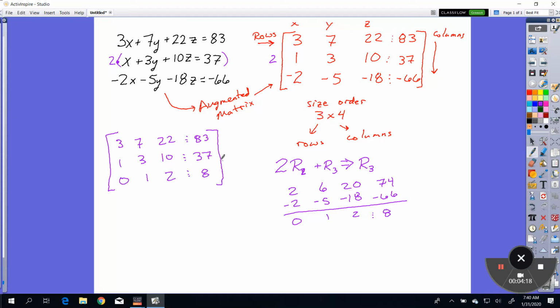Really, a matrix is a way to organize your work. It keeps track of all your answers. You have to put them in nice and neat and orderly, and we'll work with it that way. Just so you know, matrices have become more relevant with computers, especially when they want to code messages, they use matrices.